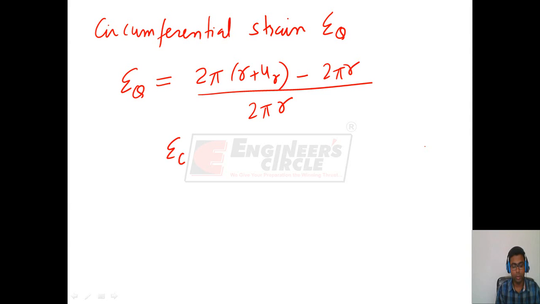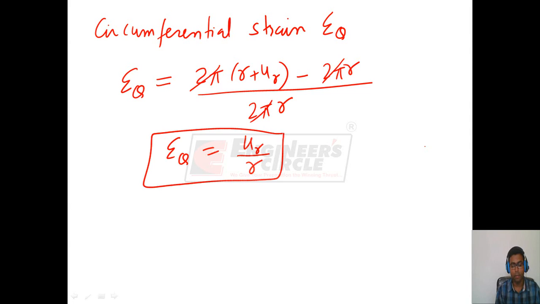So we can write epsilon theta as just, 2 pi will cancel out, and r will cancel out, so we will get ur by r. So there is circumferential strain because of radial displacement ur.